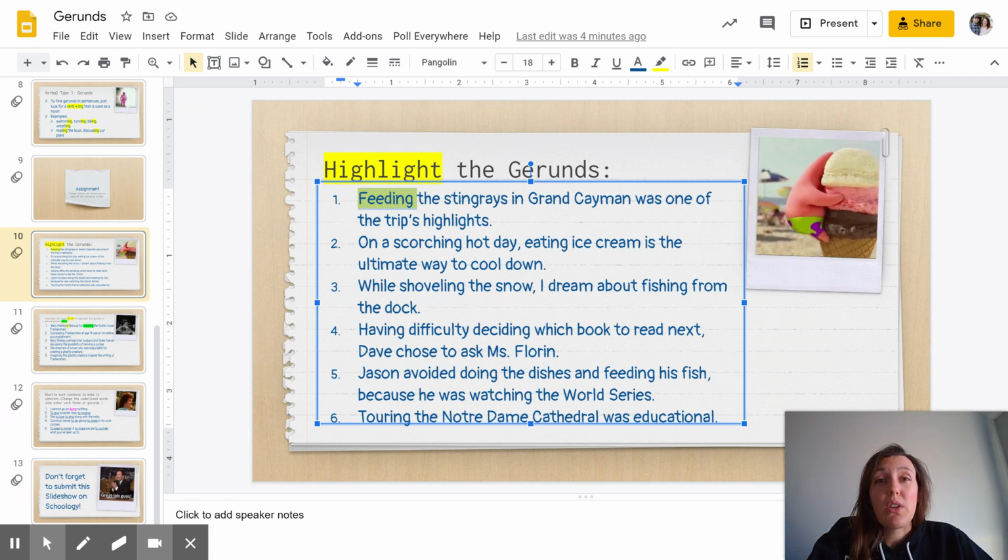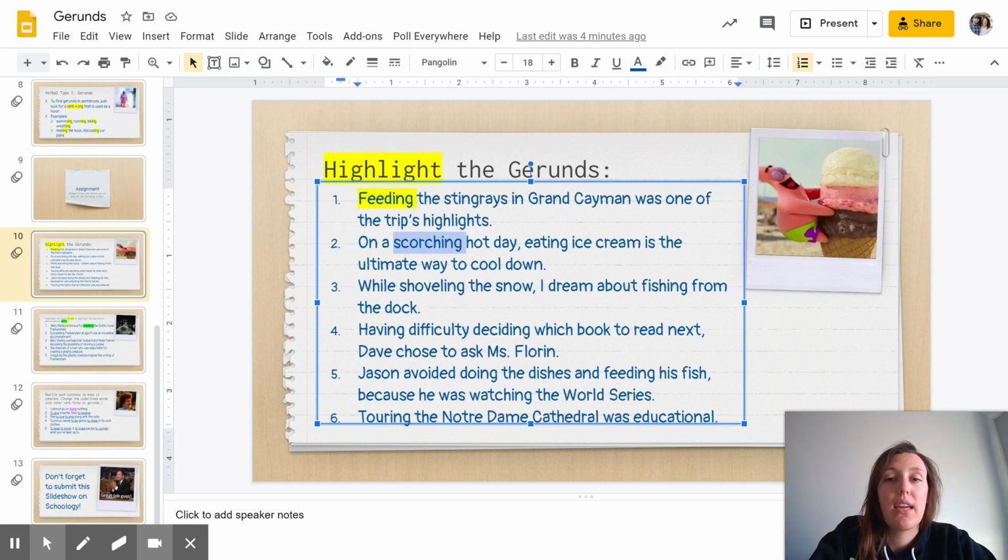So first thing you should be looking for is INGs. So scorching, in this context, we're looking at as a noun. So although scorch is a verb, you can scorch somebody, I suppose if you had firepower, it does end in ing, but this isn't used as a noun. This is used as an adverb. So it's describing hot.